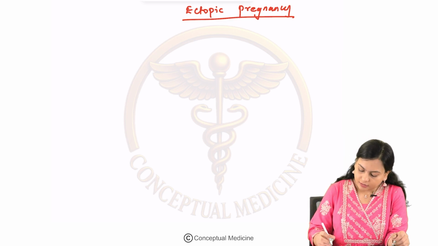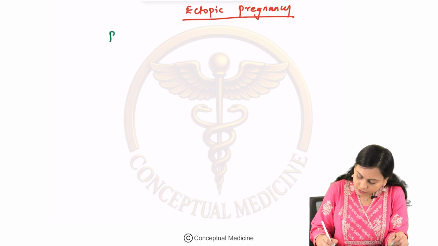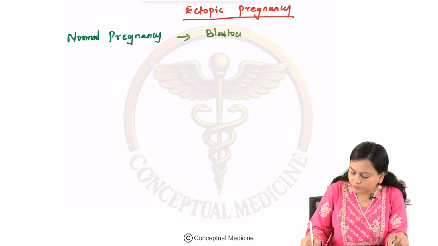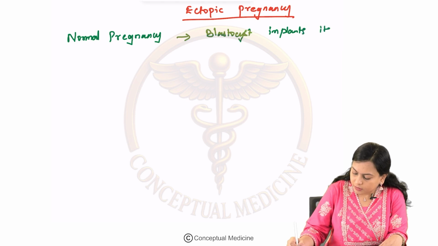Now see, in a normal pregnancy, the blastocyst implants itself in the endometrial cavity.